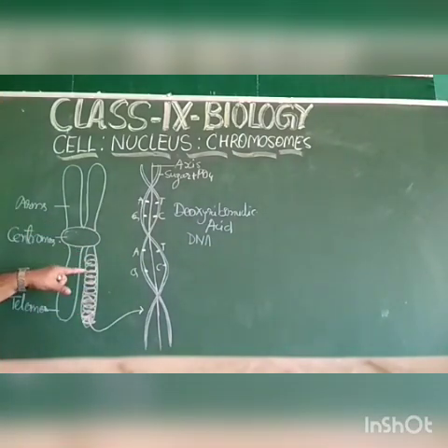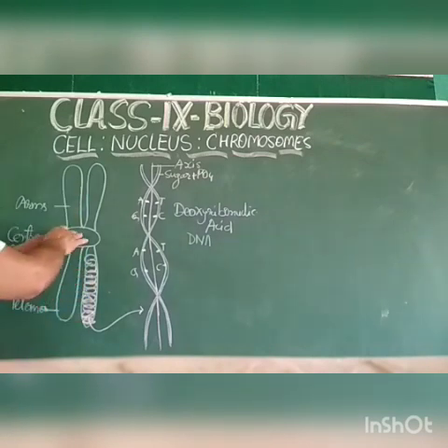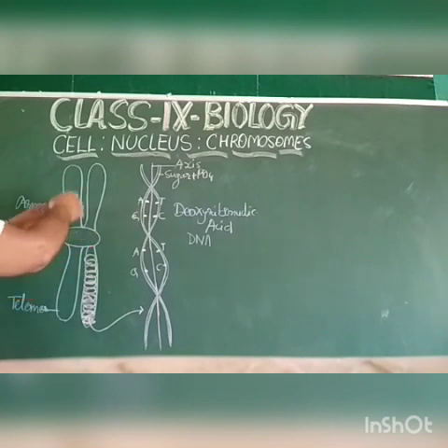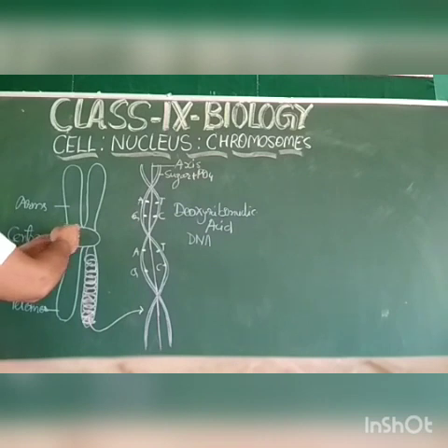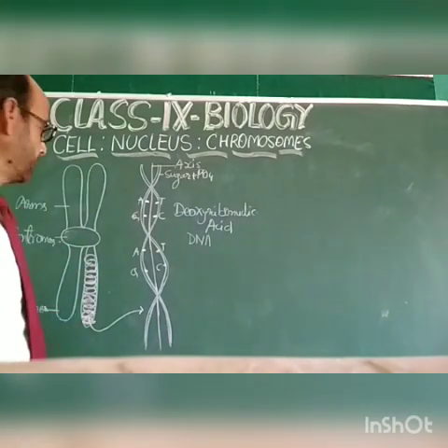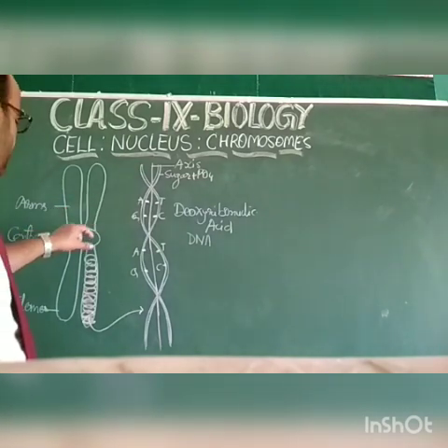My dear students, when this deoxyribonucleic acid or DNA unites together and forms a stick form, it is called a chromosomal arm. And when these two arms unite together at the centromere, a single chromosome is formed, and the chromosome is always formed in a double, paired structure like XX and XY.